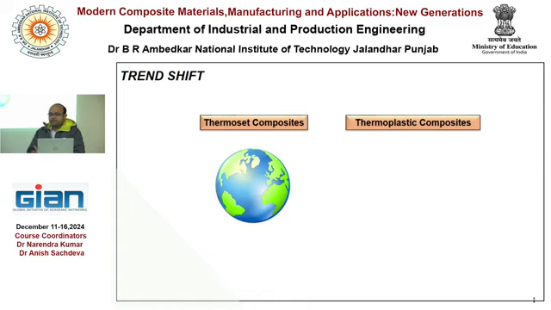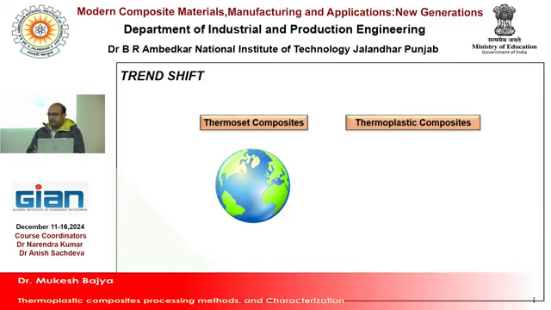The advantage of the thermoplastic material is that you can get the resin or maybe the reinforcement material again, and you can convert it into valuable products. That is the benefit, and it helps to protect our environment as well.